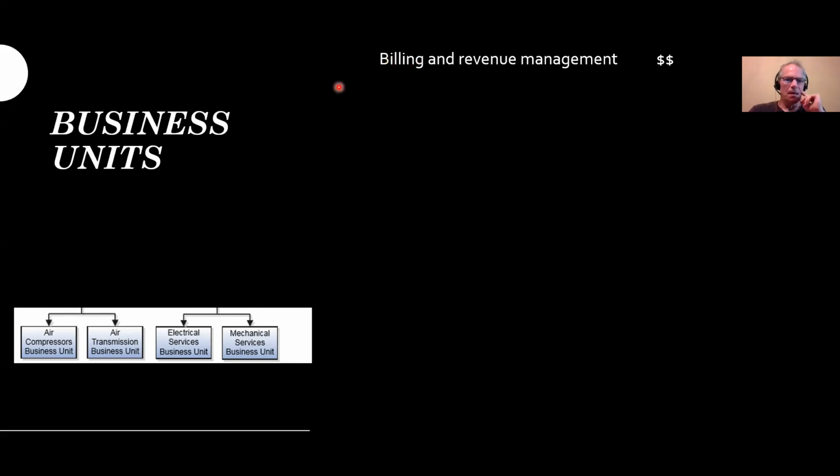So, billing and revenue management, that's part of the functionality within a business unit. Collections management, again, as the dollar signs indicate, you're going to have to assign this functionality to a primary ledger and a default legal entity.